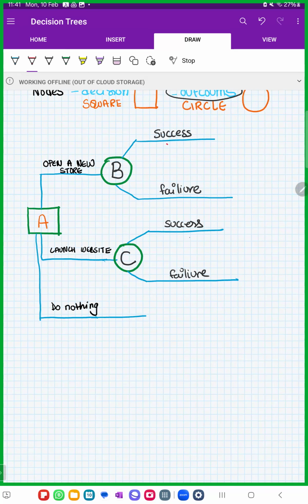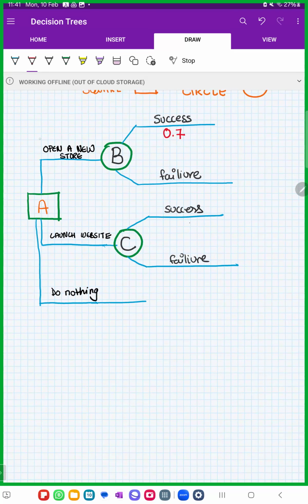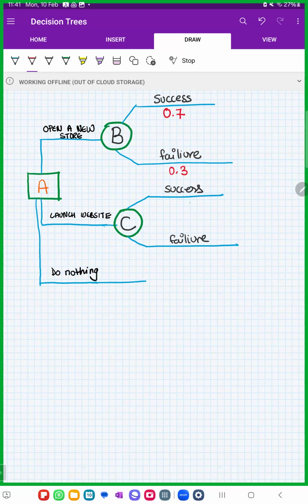So I'm going to write 0.7 here. Then, for example, maybe they have given me the probability of failure, 0.3. And sometimes they don't give us the probability. For example, if we launch a website, the success rate is going to be 0.6.